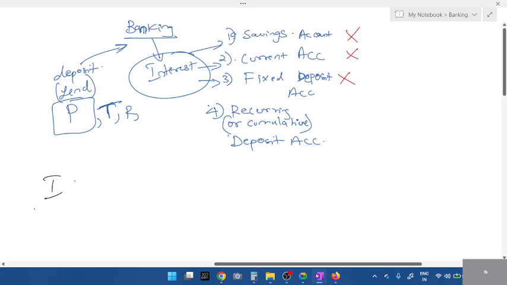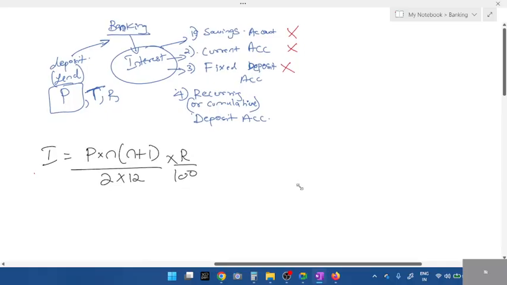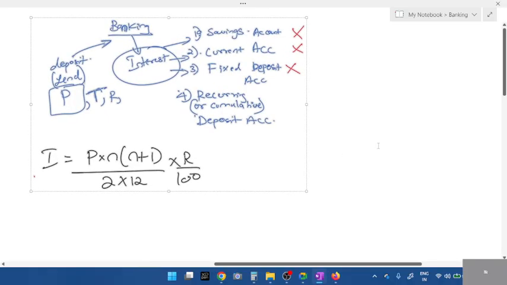Okay, now take down the formula. Interest is equal to P into N into N plus 1 divided by 2 into 12 into R by 100. And one more thing, P is principal, students, monthly. Every month you have to deposit monthly.